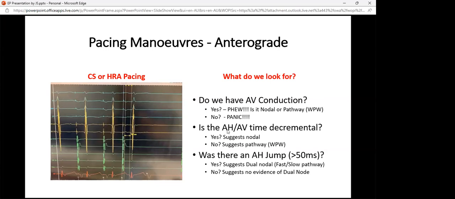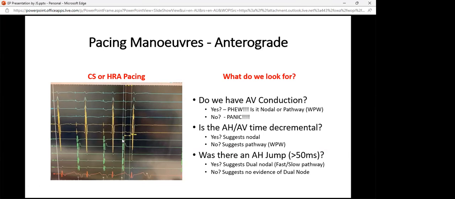But next thing we do is look at that AH interval, which is what we just spoke about a little bit before, which is that interval, that conduction through the AV node. Now, again, we know that the AV node is decremental. So as we pace the atrium, and in this instance we're using the coronary sinus catheter to pace the atrium, we measure the time from the atrium to the ventricle.